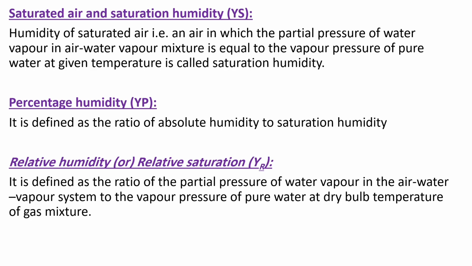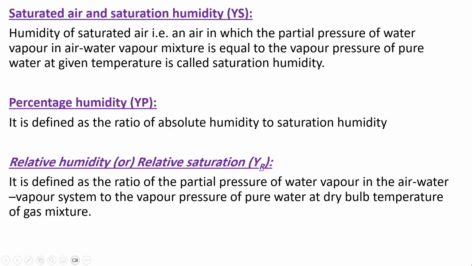And we will go through dry bulb temperature, wet bulb temperature, and dew point. First I will talk about dry bulb temperature. Dry bulb temperature is the temperature measured using a normal thermometer, and the bulb of this thermometer should be dry.